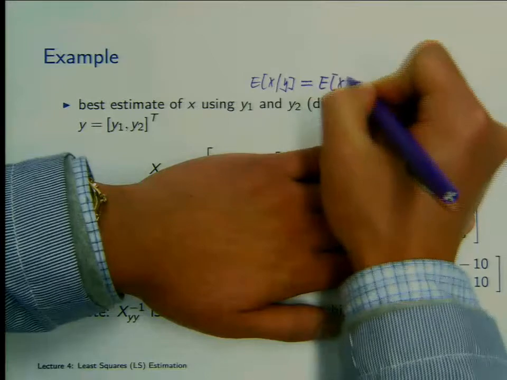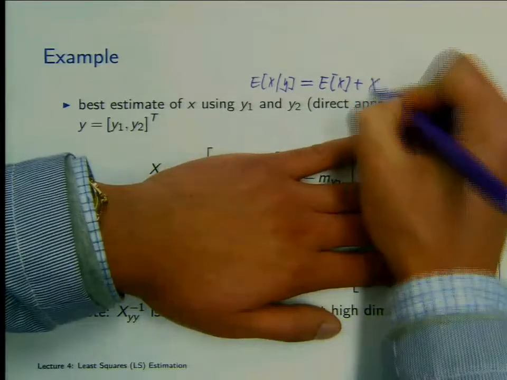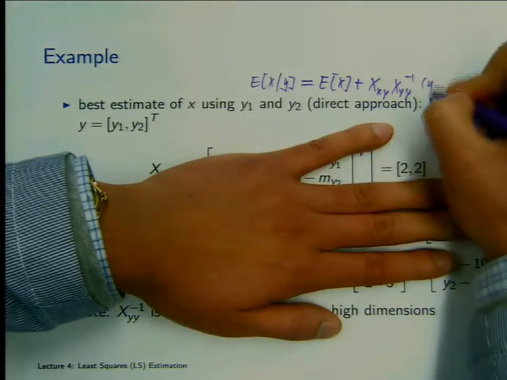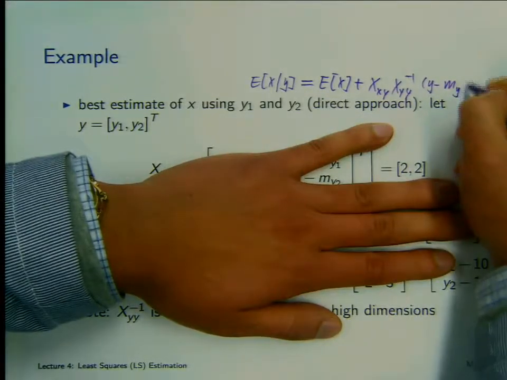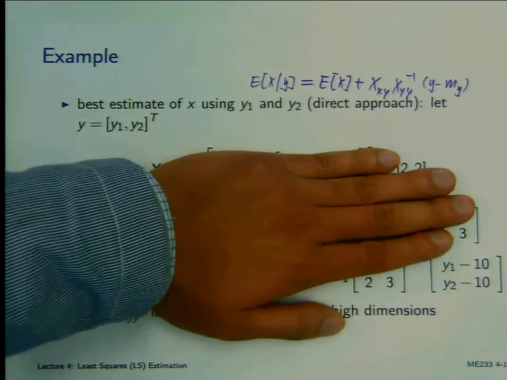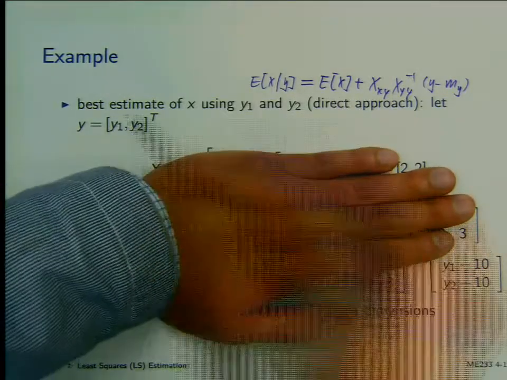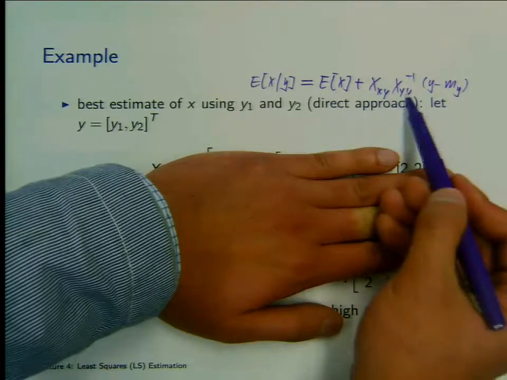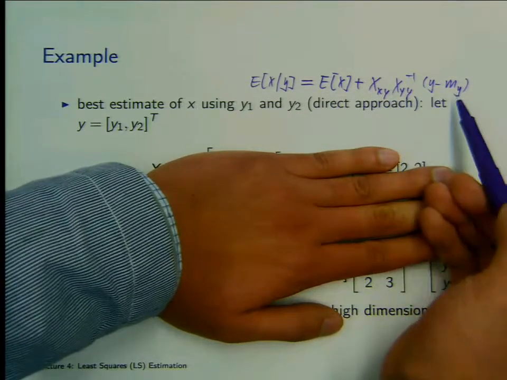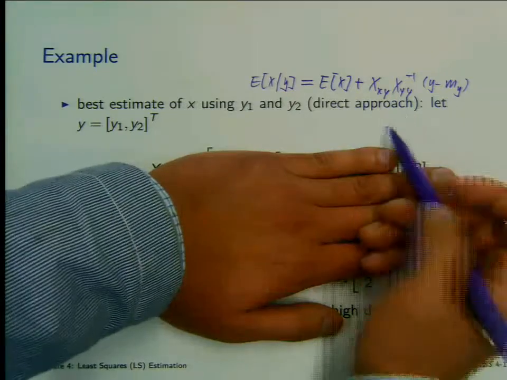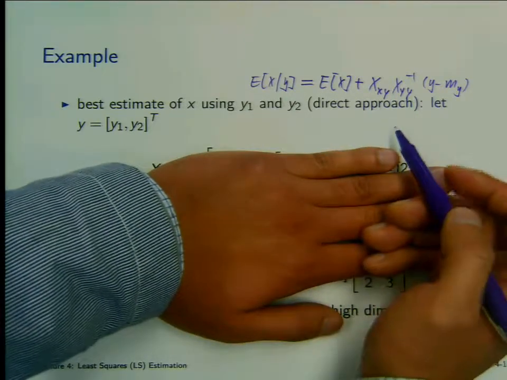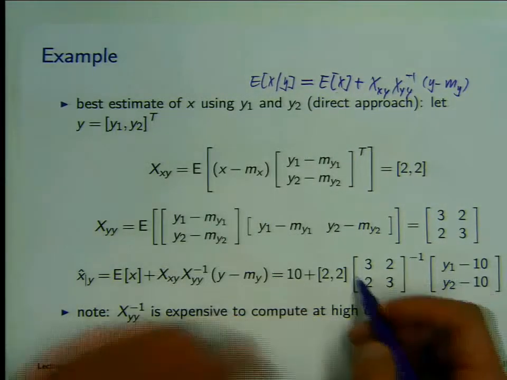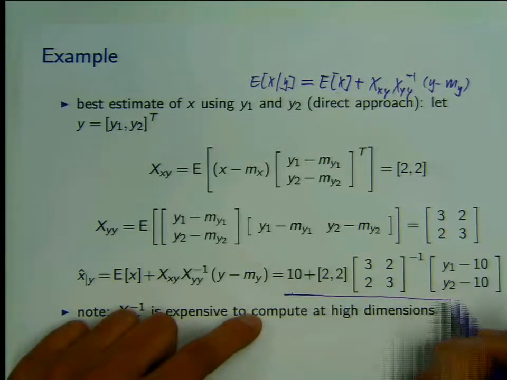It's going to be equal to the mean of x plus Sigma xy, Sigma y inverse, times y minus mean of y. Because I know how y looks, I can evaluate these matrices. The only difference in this case is that we have matrix operations, so we're going to get matrices in this expression, and this is the result.